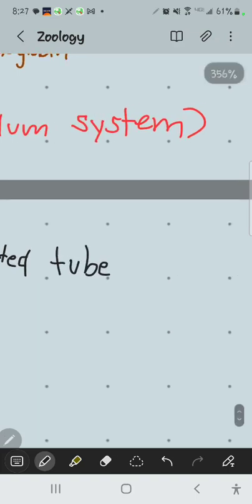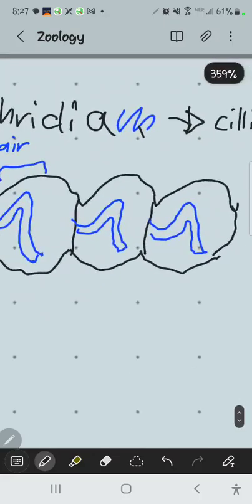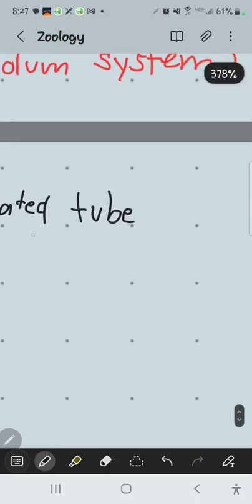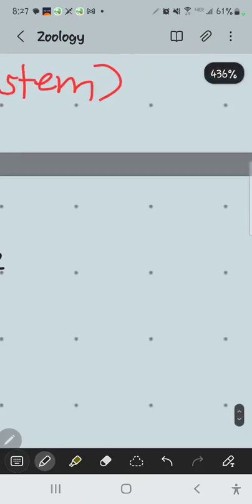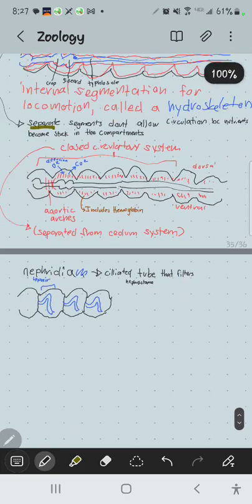Nephrostome means nephridium mouth. So the cilia generate a water current and pull fluid out of the coelom here and pull it back into the nephrotubule. This is the nephrotubule.